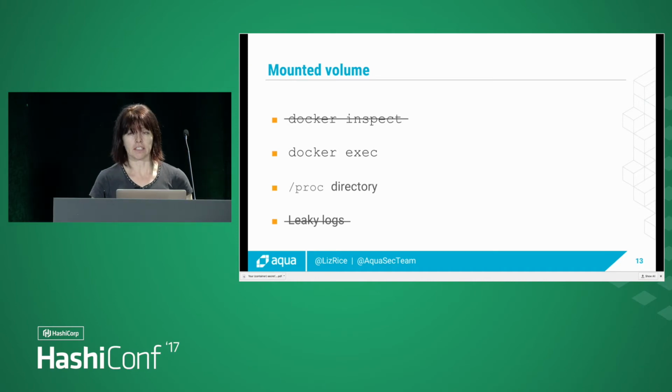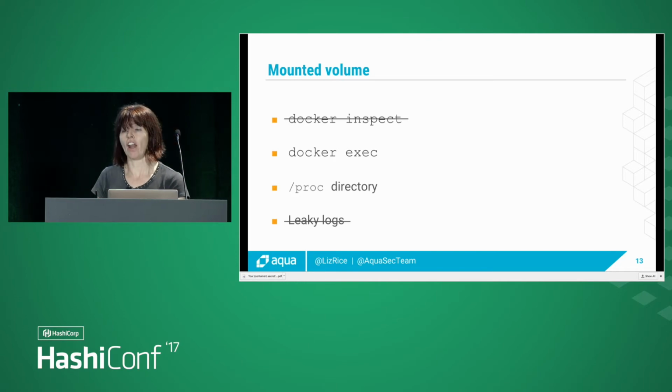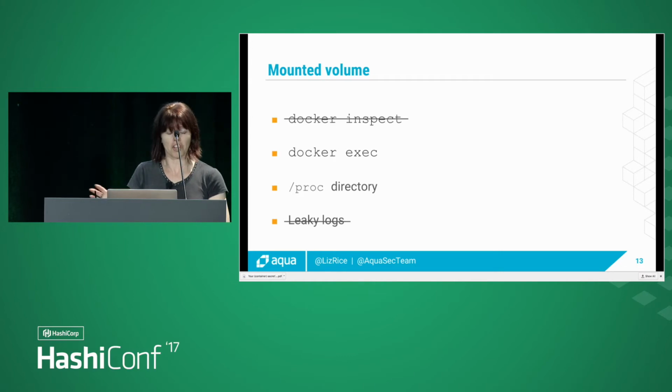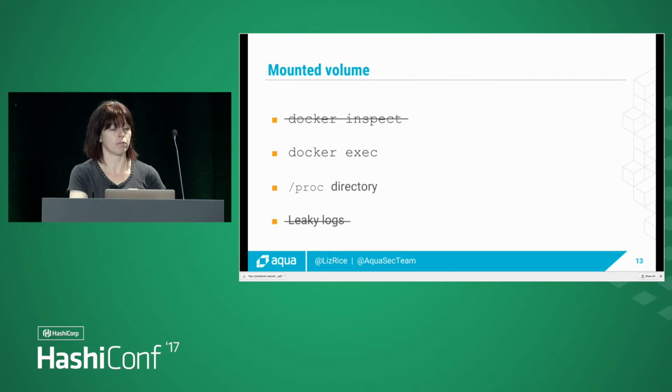Anybody who can exec into the container can, of course, read that secret. The /proc directory thing is still a risk, again, only for people who are root on your host, so probably you have other concerns, but you can read the root file system of a container from inside that directory.